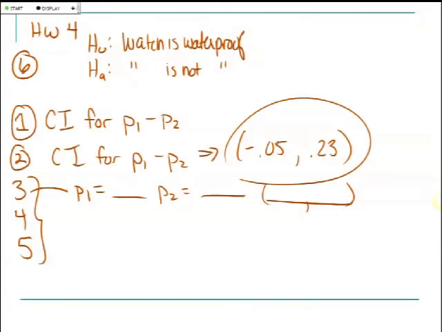If 0 is in your interval, do you have a significant difference? If 0 is in the interval, then there is no significant difference, because it could be that those two proportions could be the same. Only when the entire interval is positive or the entire interval is negative do you have a significant difference. Now, when you make a confidence interval, say 95%, you're putting 95% in the middle, right?